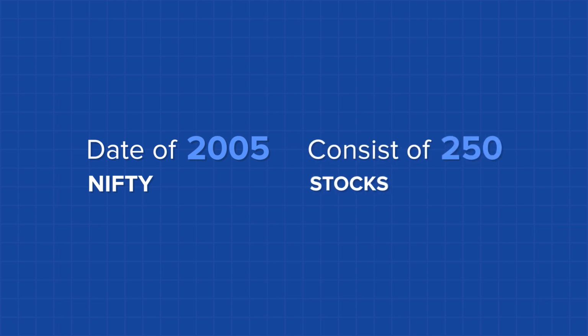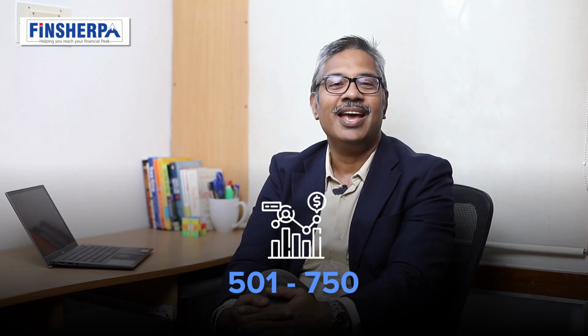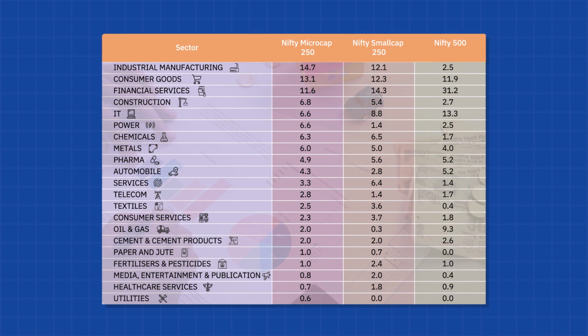Now, just so that we understand this space, the Nifty Microcap 250 index is an index created with a base date of 2005 by Nifty. As I said, it consists of 250 stocks, the largest segment of microcaps, which means they are by market capitalization 501 to 750 in stocks, comprising a wide variety of different industries, of which industrials and manufacturing is the highest number.